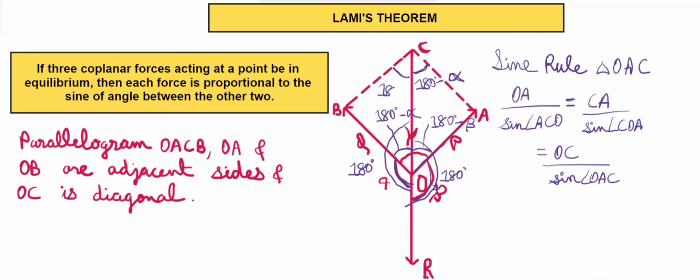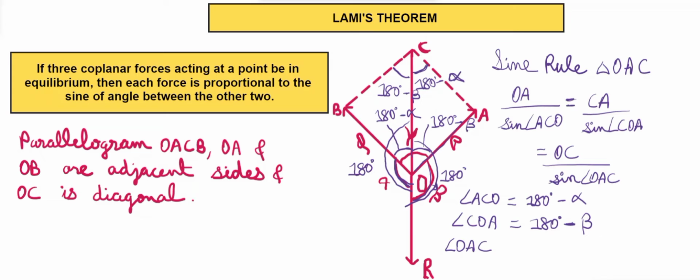And this angle will also be 180 minus beta, as it is a vertically opposite angle. So angle ACO is equal to 180 minus alpha, and angle COA is equal to 180 minus beta. From these two angles, we'll find our third angle, which is angle OAC.